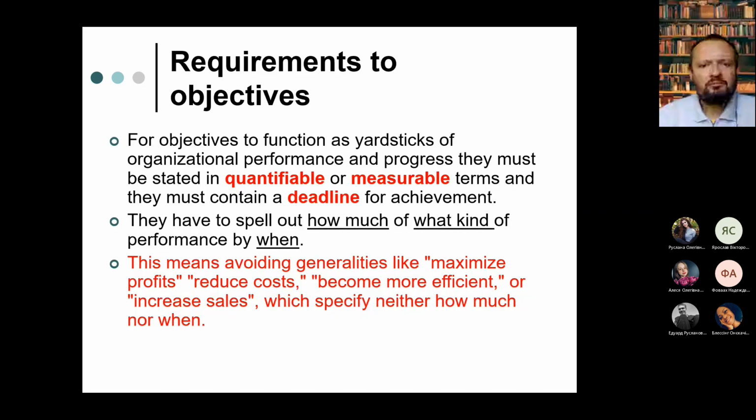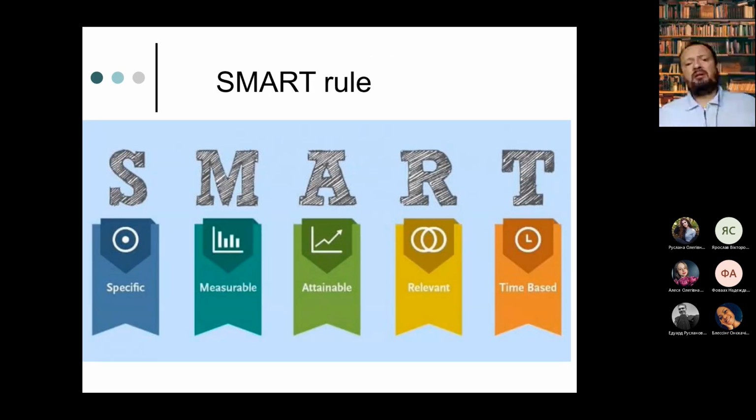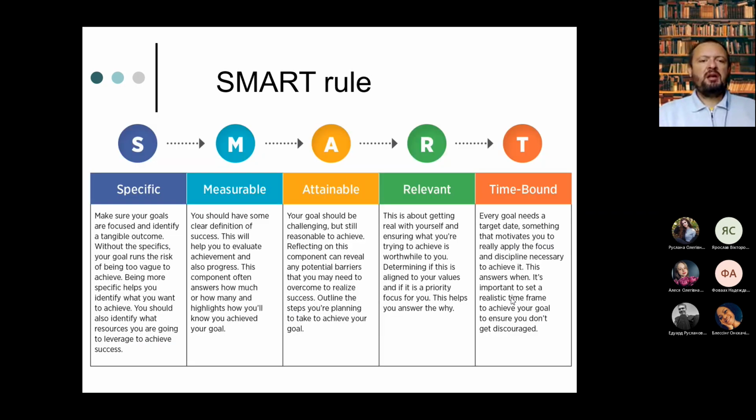And actually, there are two main requirements to the objective. It must be measurable and it must have a deadline. But I'm reminding you that we have the brilliant SMART rule for all objectives, that any objective must be specific, it must be measurable, it must be attainable or achievable, it must be relevant to strategy, and it must be time-based.